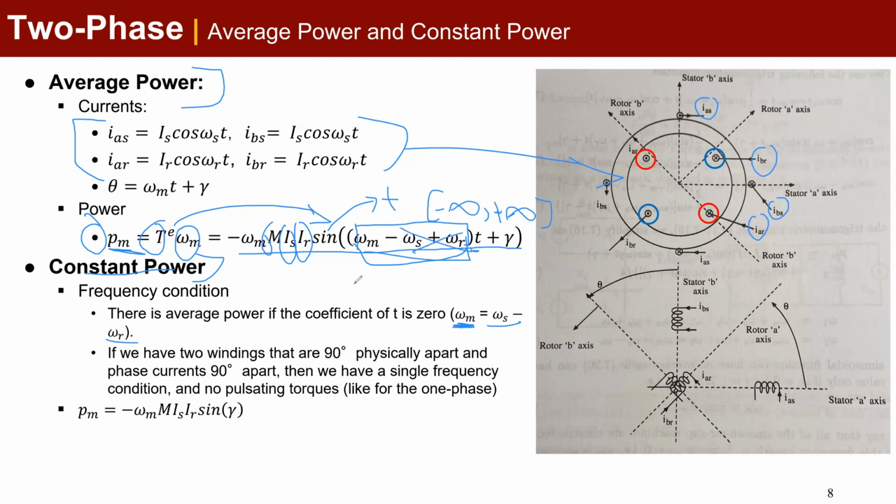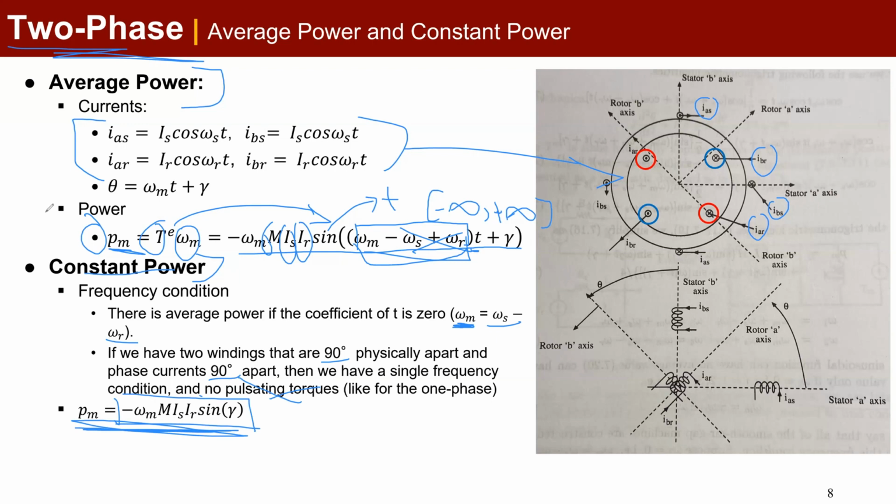And so if we have two windings that are 90 degrees physically apart and phase currents that are 90 degrees apart, like we do for this two-phase synchronous machine, then we're able to have a single frequency condition and no pulsating torques, like we did for that one phase. And so we're able to get a constant power that's equal to this equation right here.